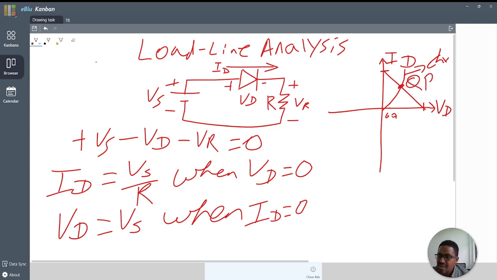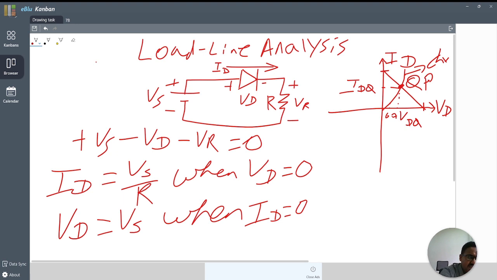At this Q point, the diode is practically operating. Then we can get IDQ and also VDQ. By this method we can get the value of current through the resistor and the voltage drop across the resistor.